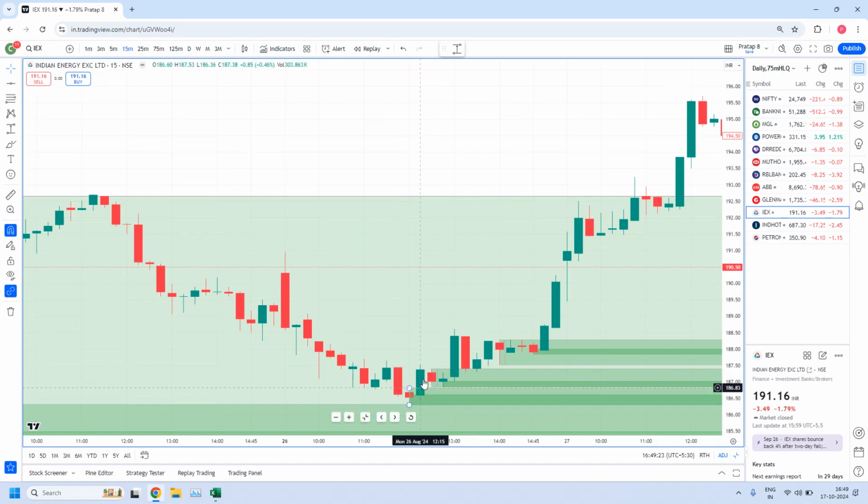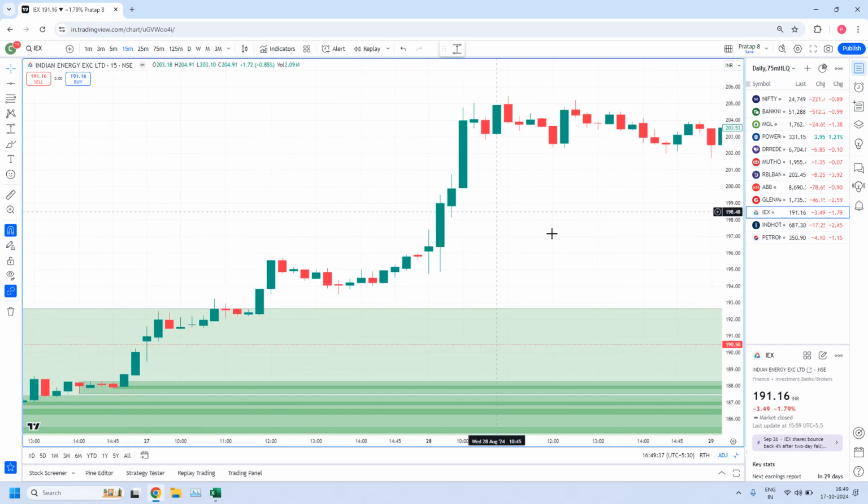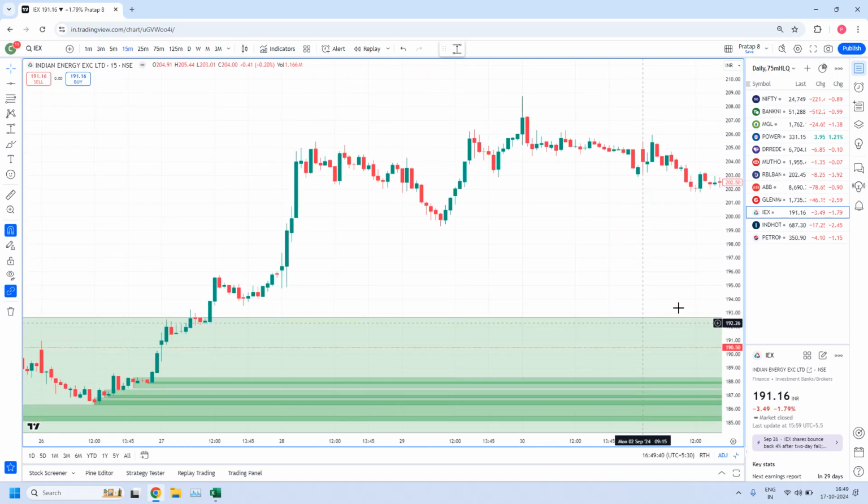This is another drop base rally, another fine tuned 15 minute zone. Again rally base rally, another 15 minute zone. Again rally, 1, 2, 3, 4 base candles and rally, another 15 minute zone. See, many order flows.